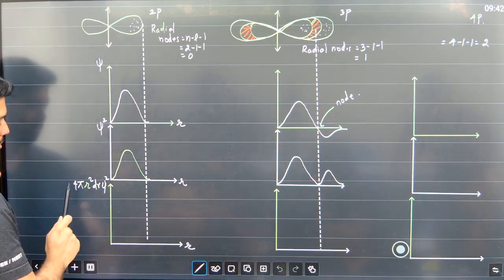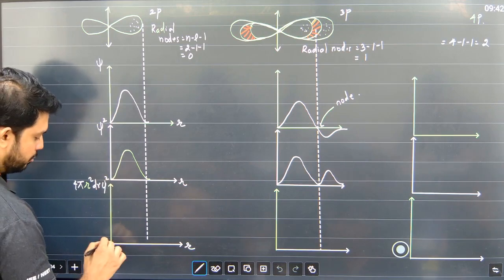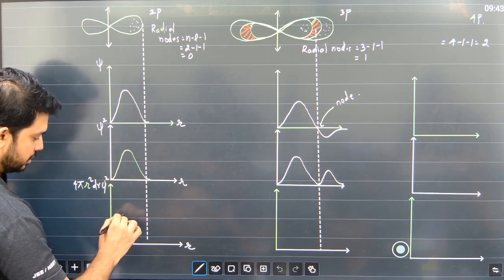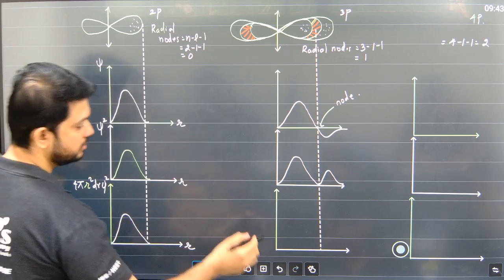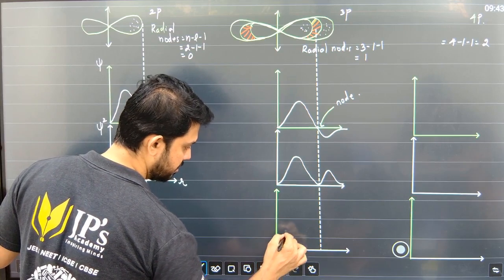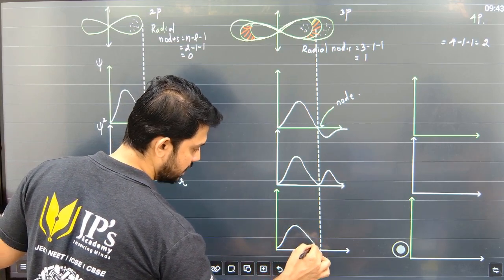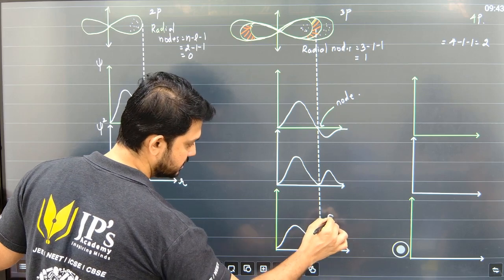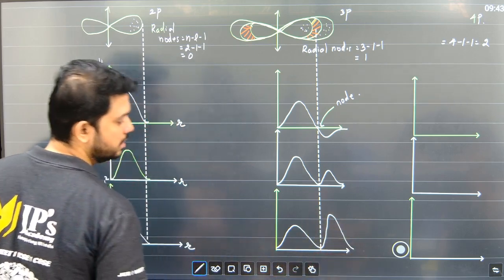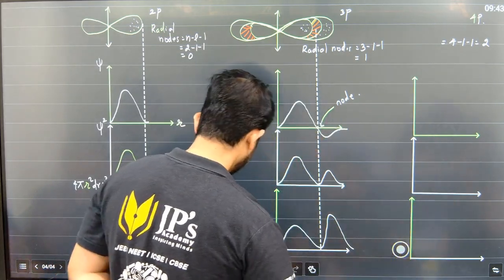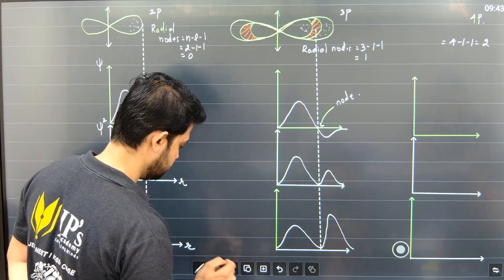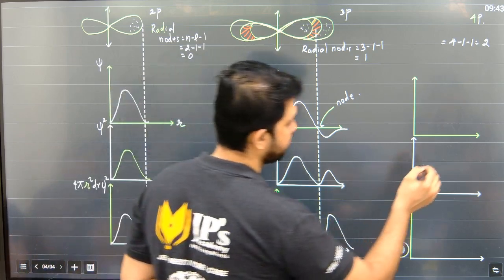And finally 4 pi r square. But for 2p it's not going to change because there is no node. But what about 3p? Remember, since the distance is increasing, r square increases. How will the plot look in case of 4p? How many nodes are going to be over there? 2 nodes.